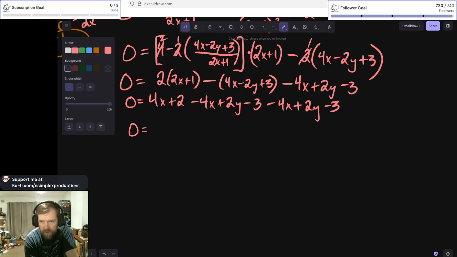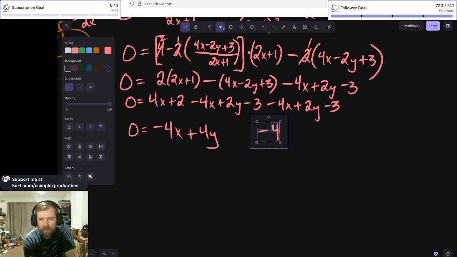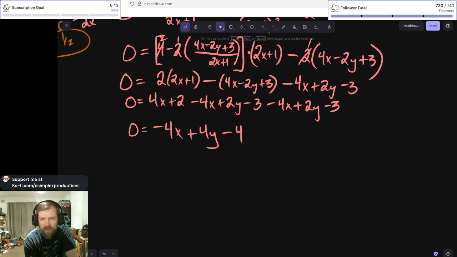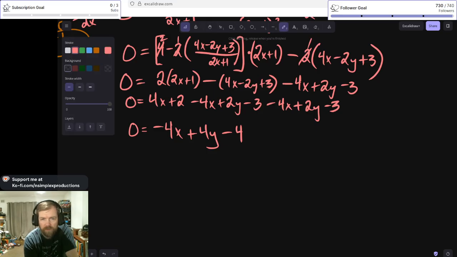Zero equals. So that's going to be a negative 6 plus 2 is going to be a negative 4. X's, we get minus 8 plus 4, so minus 4x. And y's, we get plus 4y. Interesting, yeah. That's going to just get rid of our 4's and get everything away from the y.